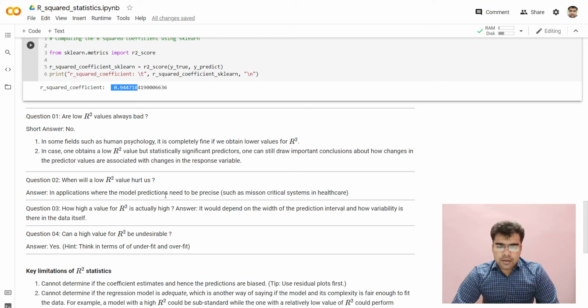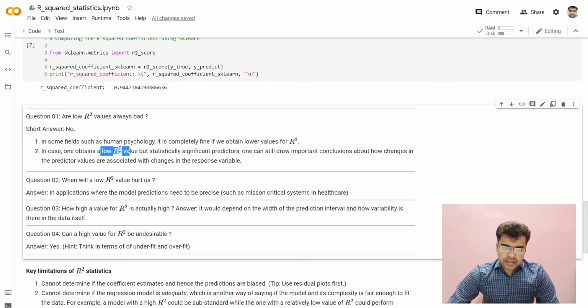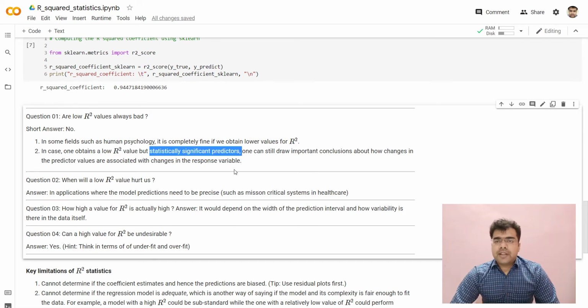Now there can be a case where the R squared value you obtain is low, but some other goodness of fit statistics or some statistically significant predictors are ruling in favor of that particular model. So you have a model which gives a low value for R squared, but there are some significant predictors which statistically support that model.